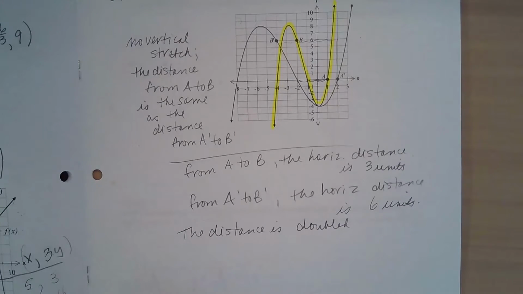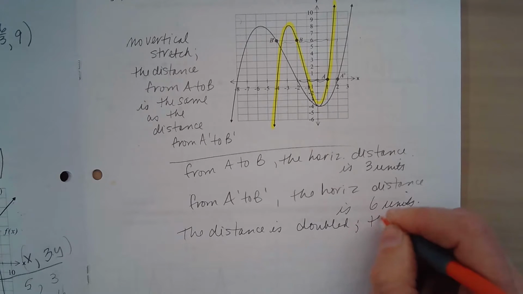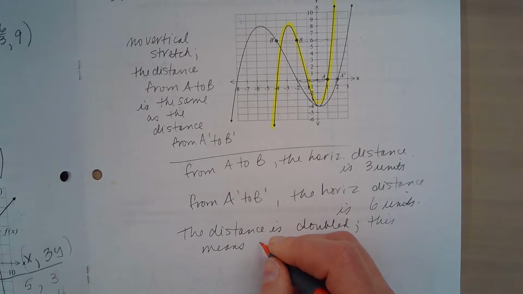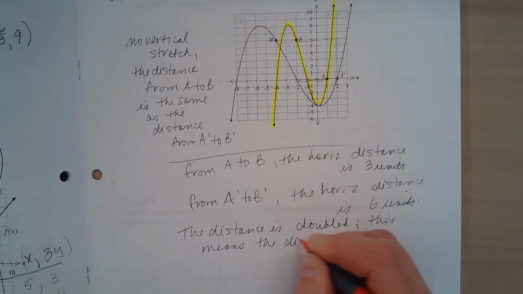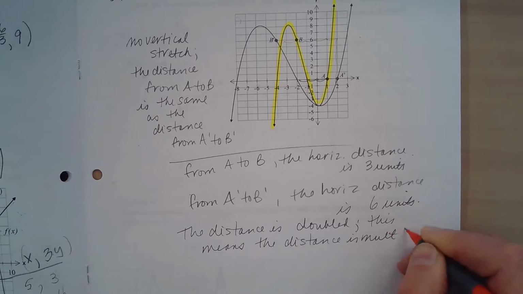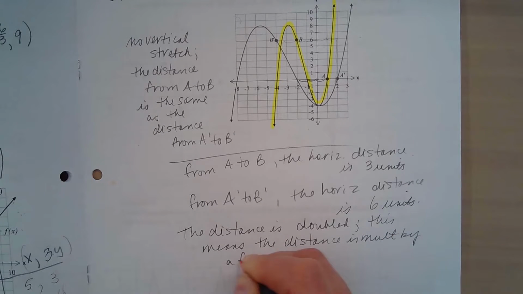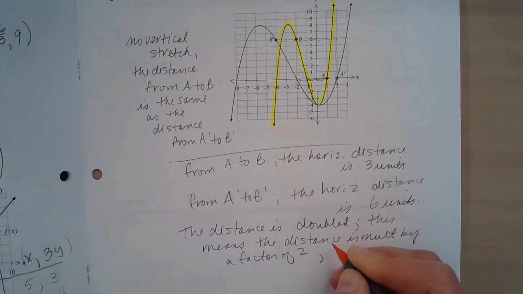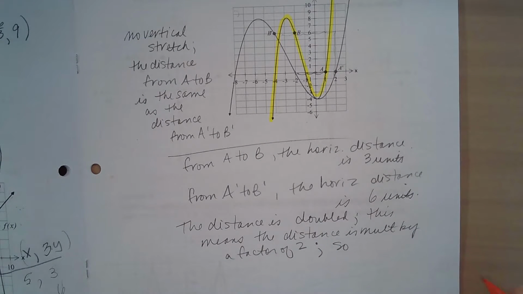Okay, so this means the distance is multiplied by a factor of 2, right? So this is the tricky part. If the factor is 2, if the multiplier is 2, B equals what? 1 over 2.